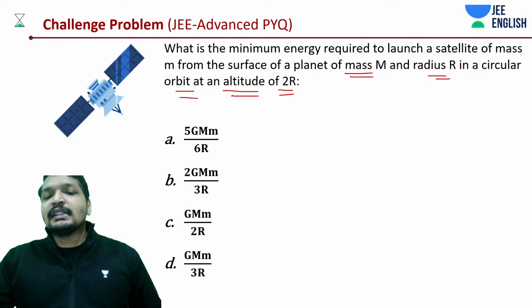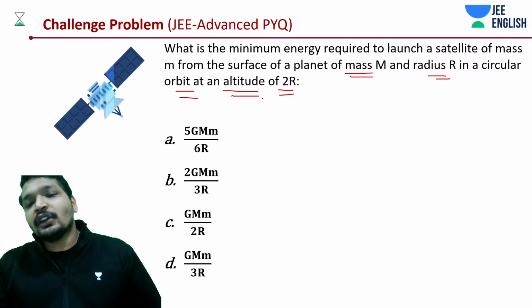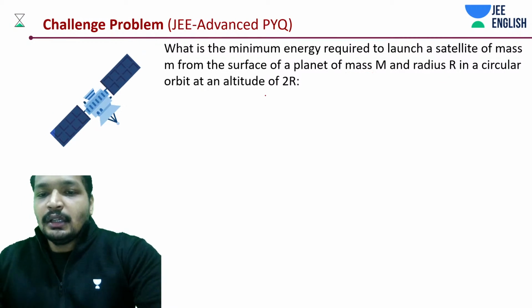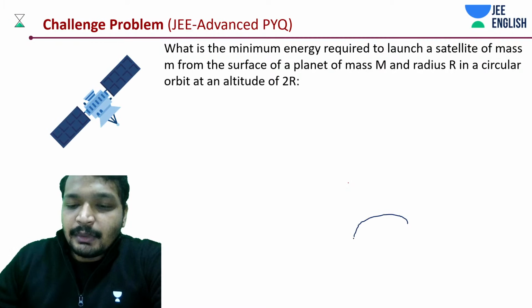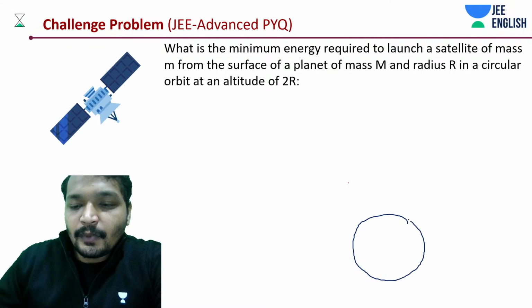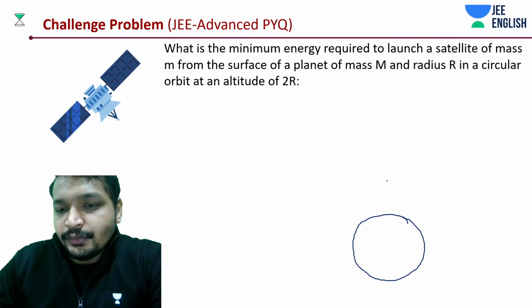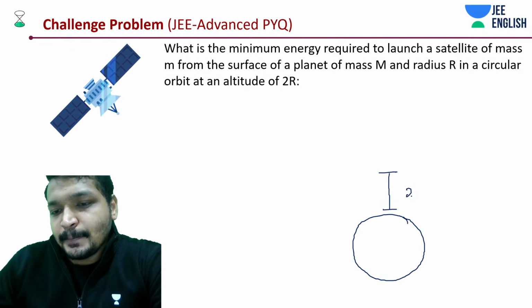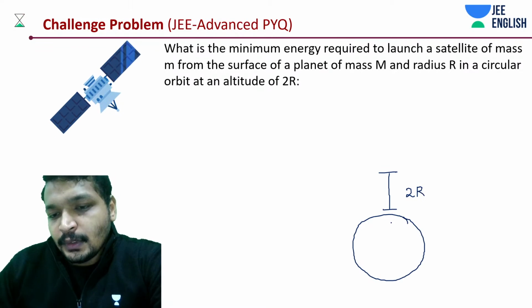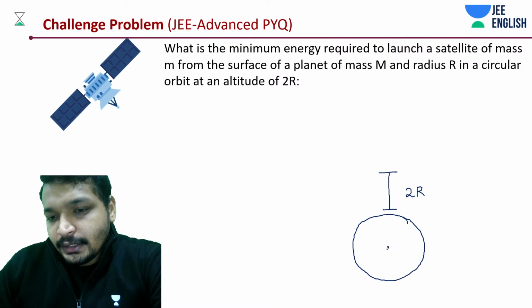Altitude 2r means from the center it's 2r plus r. A very important thing that you need to know, I've told you this in the beginning. If altitude is given to you, altitude is 2r, there is an additional r from here, right?